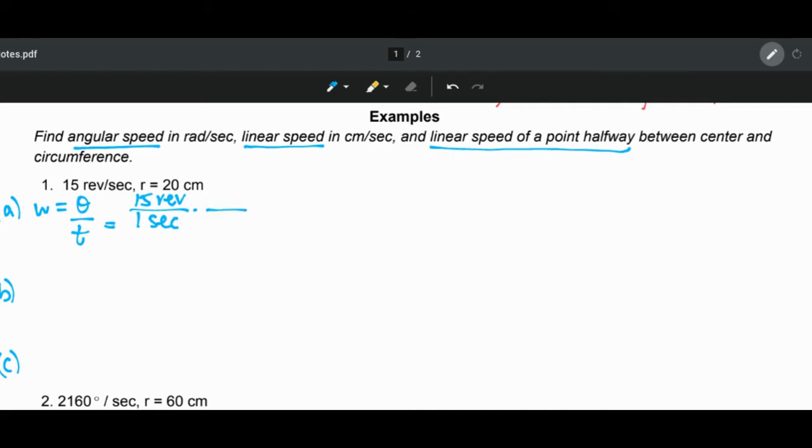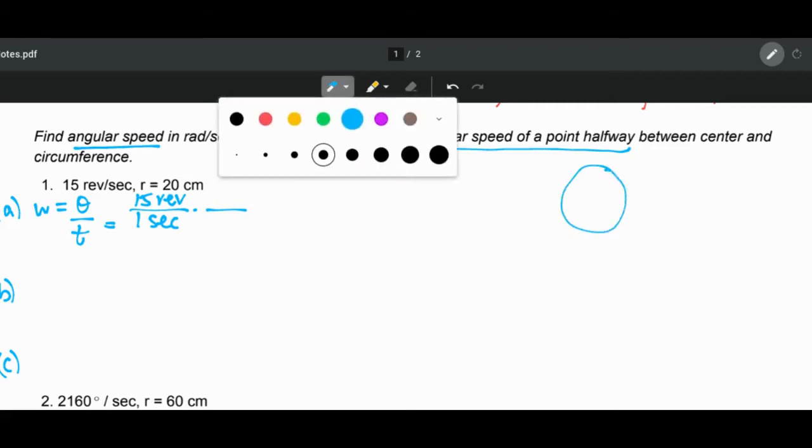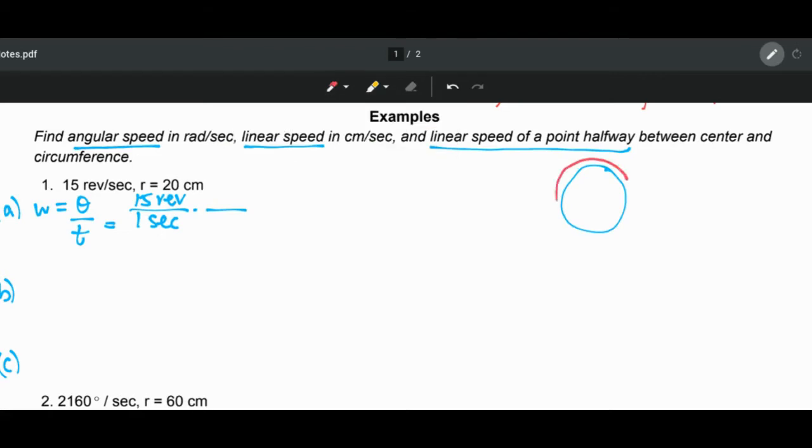If you think about traveling all the way around a circle, that measure of the angle in radians is 2 pi. That's 1 revolution, so each 1 revolution is equal to 2 pi radians.